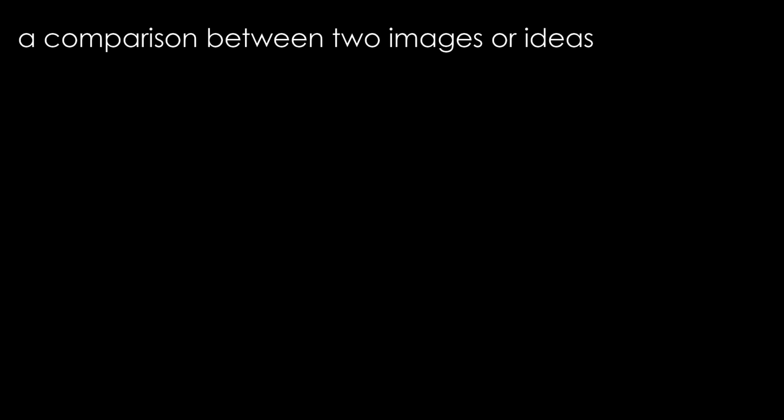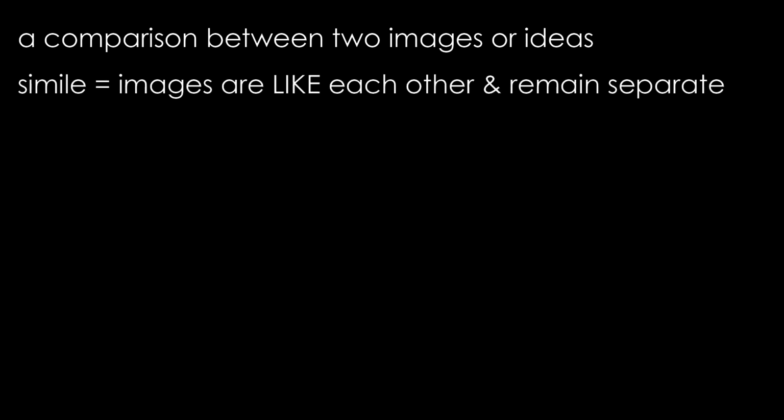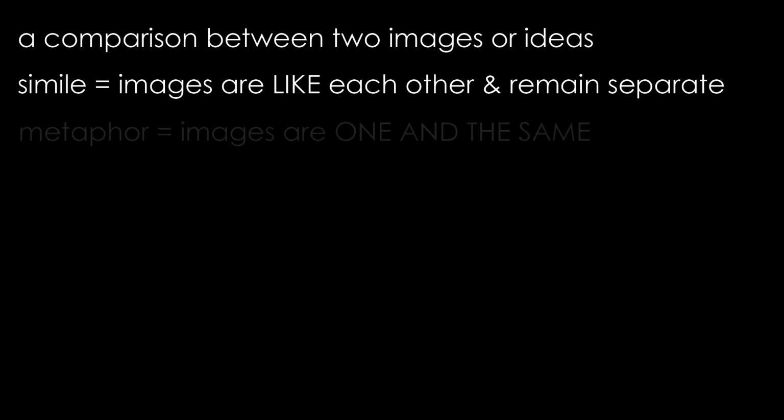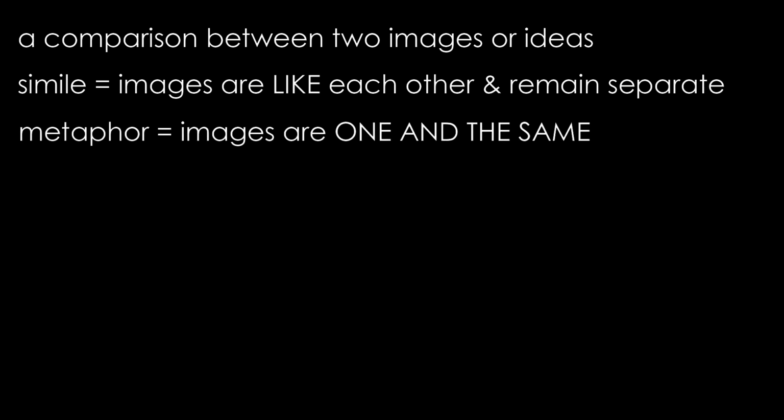So, in summary, simile and metaphor create a comparison between two images or ideas. In a simile, these images or ideas are like each other, and they remain separate. In a metaphor, these images or ideas become one and the same.